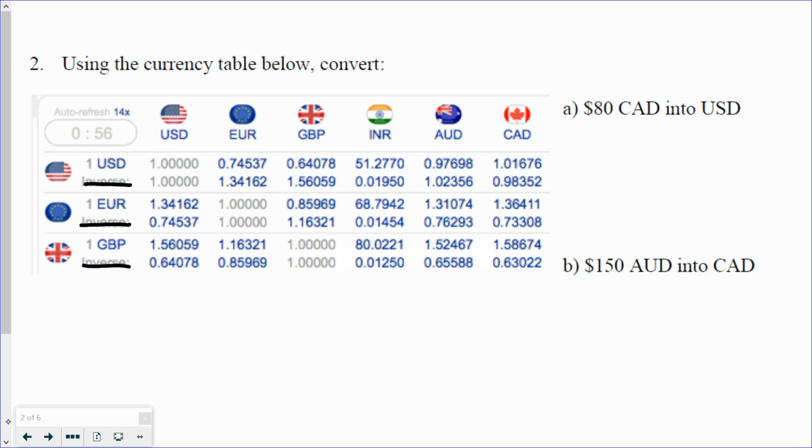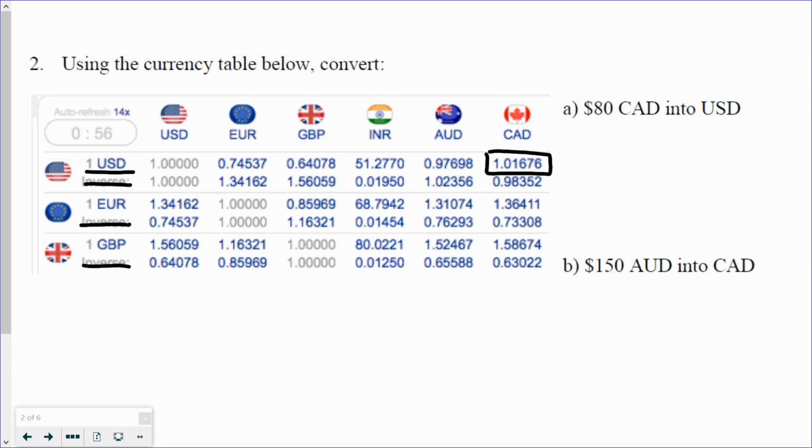Let's see if it'll let me erase. So 1 US dollar is equal to 0.74537 euros. So that's saying for every $1, we get 0.74 of a euro. At this time, whatever time this was, 1 US dollar was equal to 1.01676 Canadian dollars.